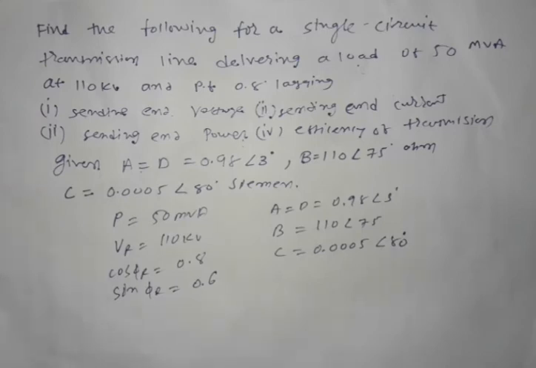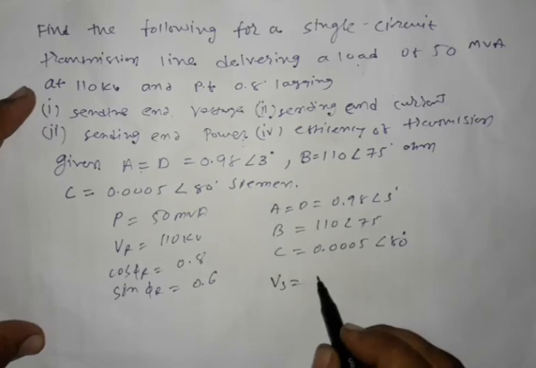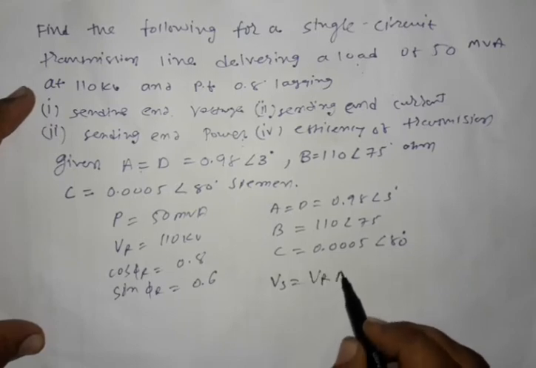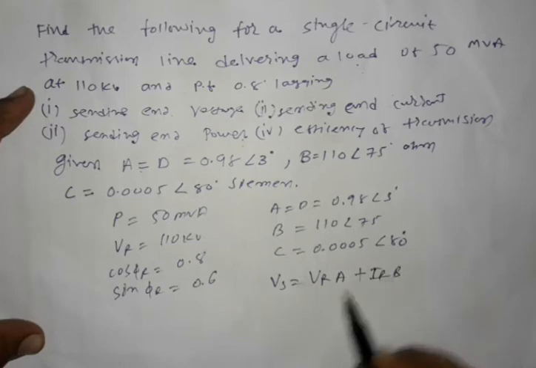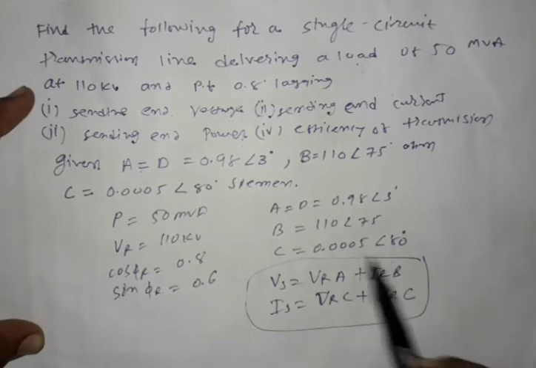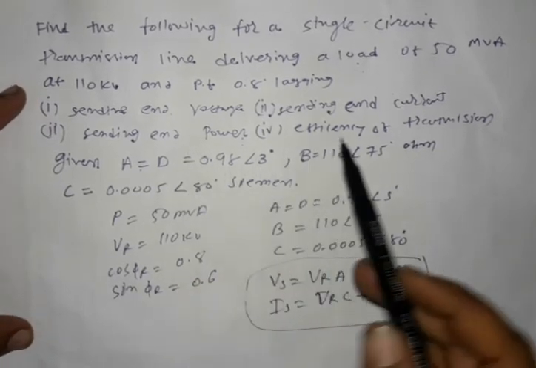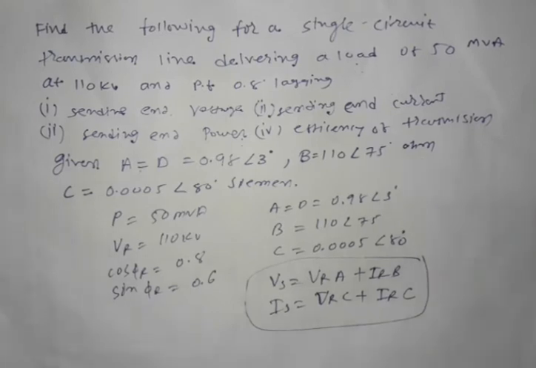For that we have two equations for the sending end voltage and sending end current: Vs is equal to VR into A plus IR into B, and Is is equal to VR into C plus IR into D. Using these equations we find the sending end voltage and sending end current, then the sending end power and efficiency.